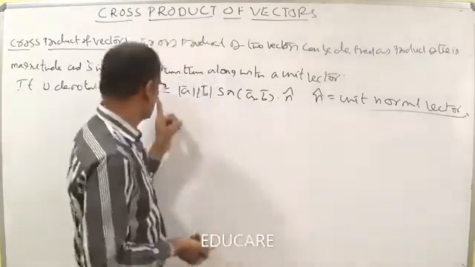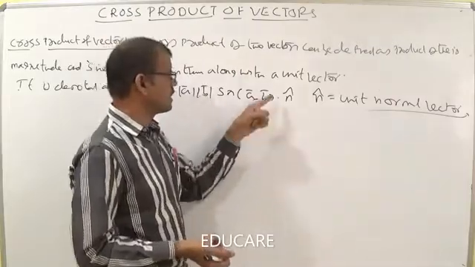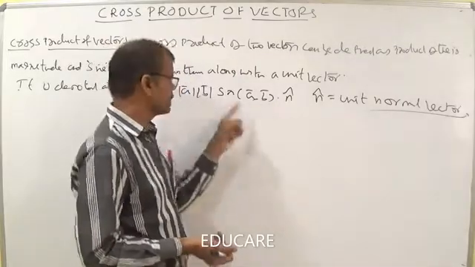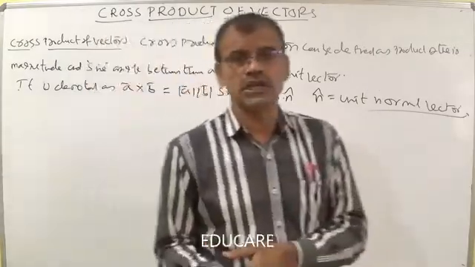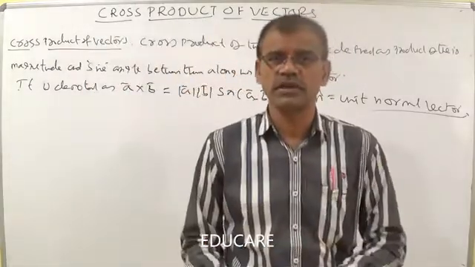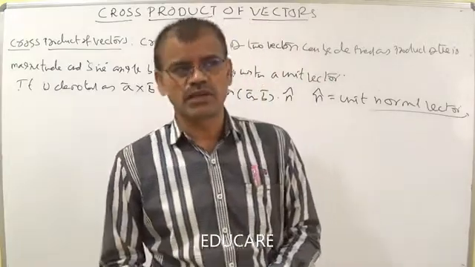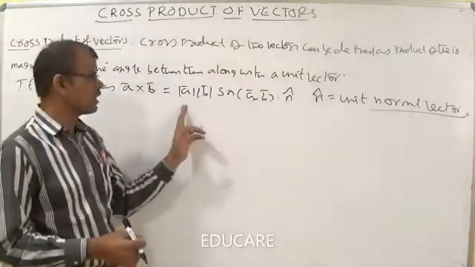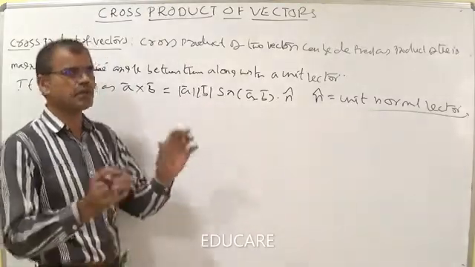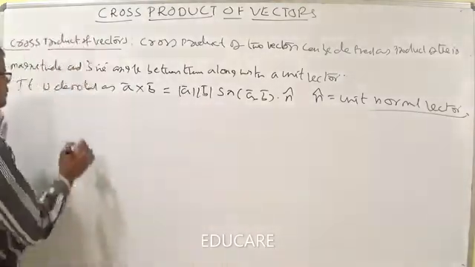Mod a into mod b is a scalar. So the modulus of a cross b is simply mod a into mod b into sin theta. But whenever you define a cross b, we should write a cross b is equal to mod a into mod b into sin of the angle between a and b into n bar, where n bar is a unit vector.